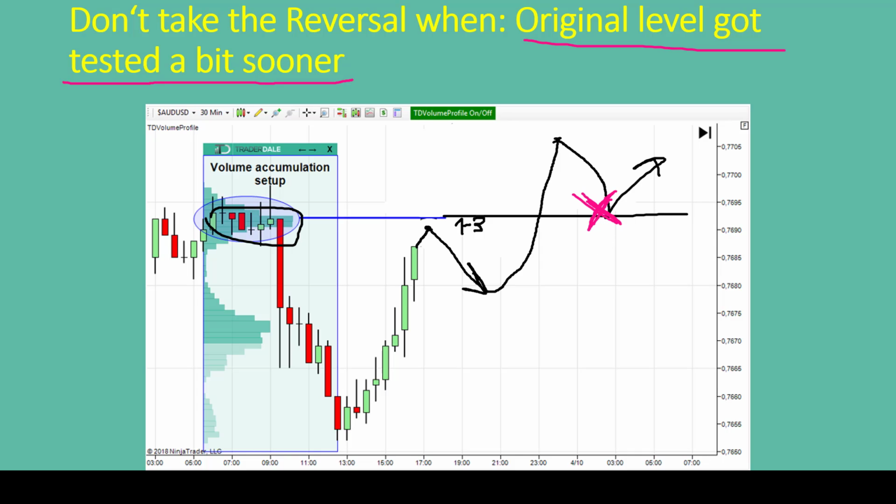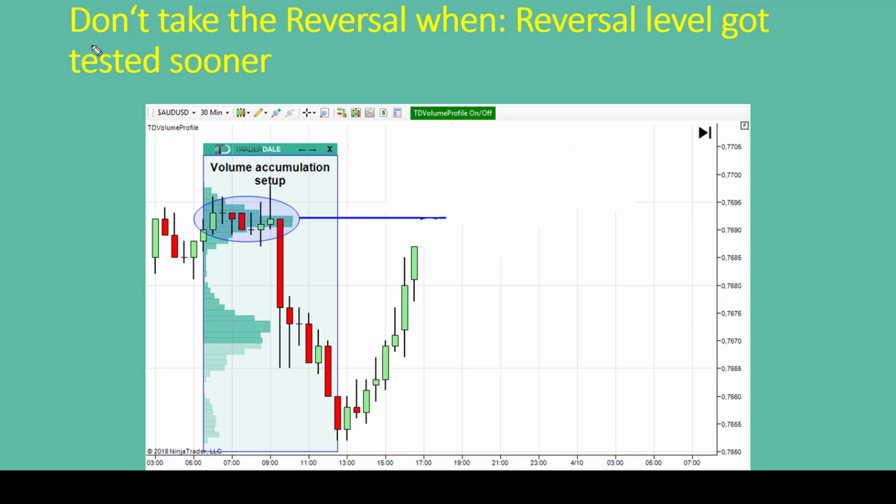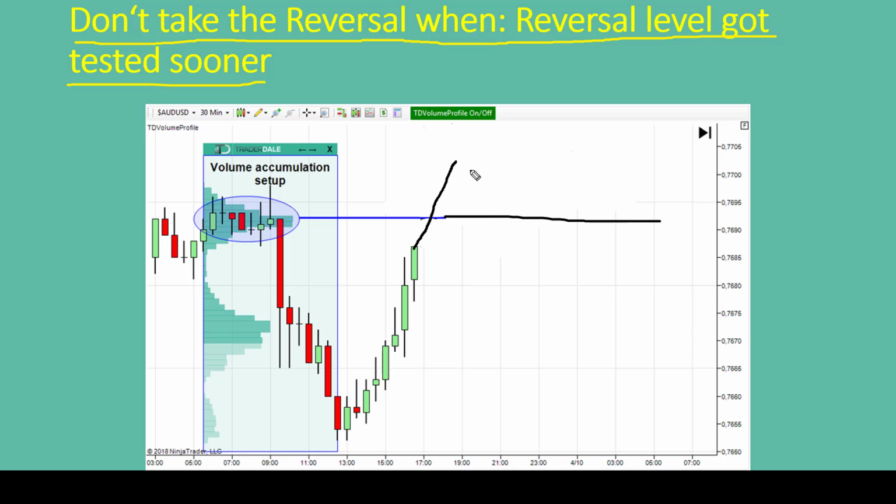The last rule is don't take the reversal when the reversal level got tested sooner. What this means is when the price doesn't respect the level, it goes past it, and then you wait for a reversal. This is the level. You wait for a reversal, but a reaction occurs a little bit before the actual level.